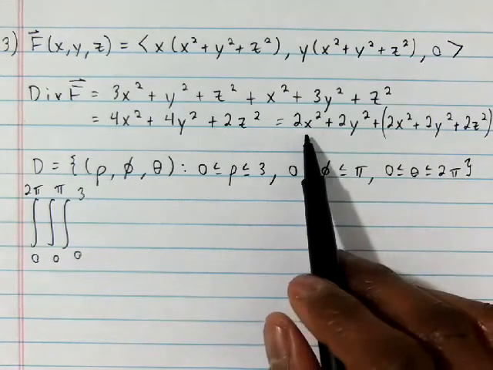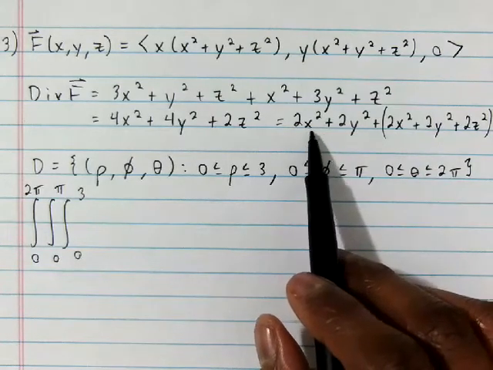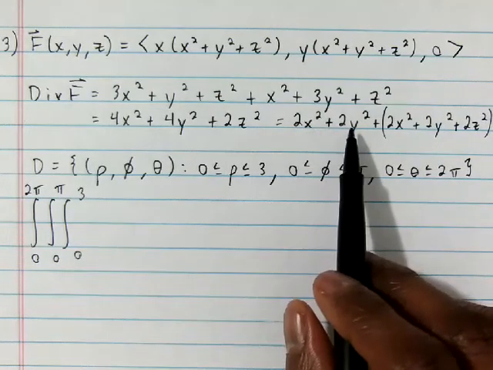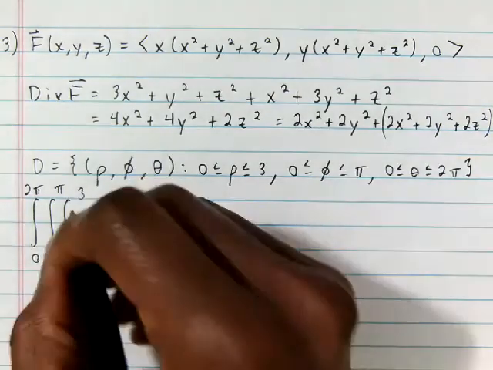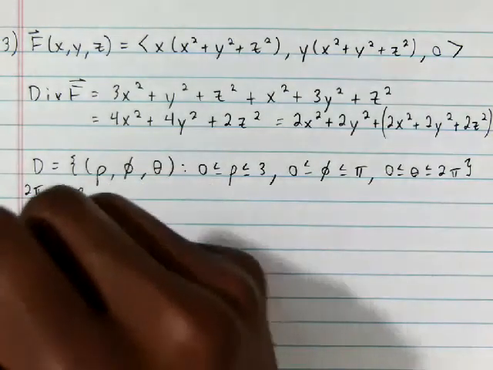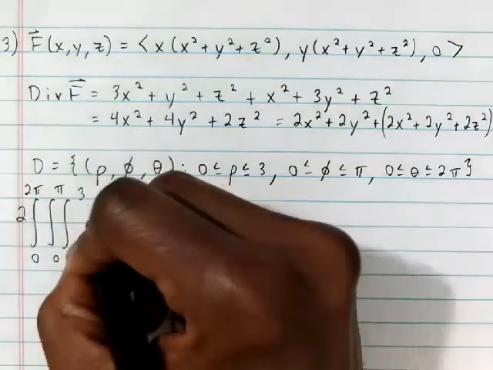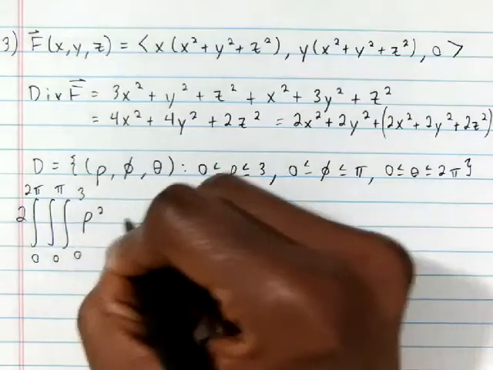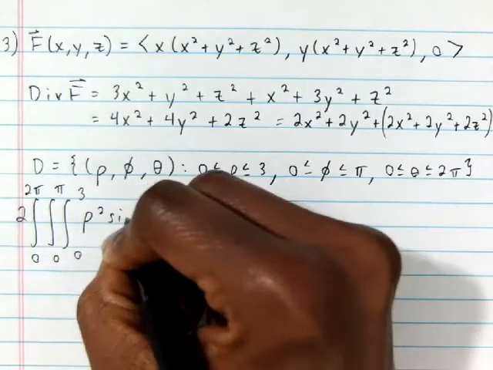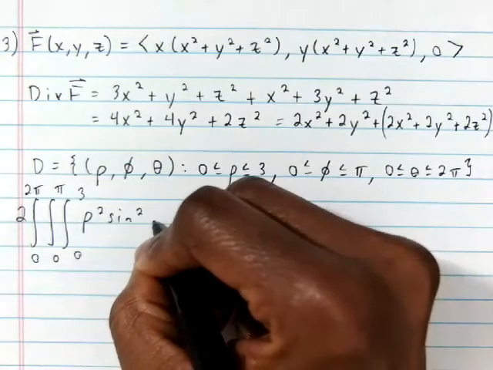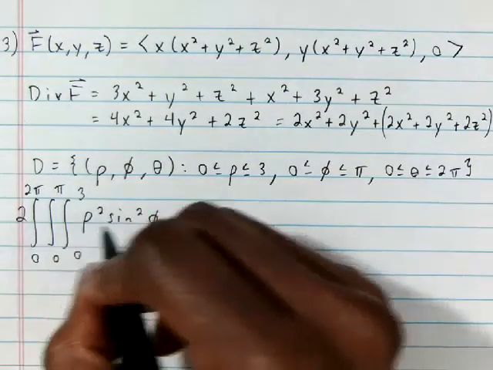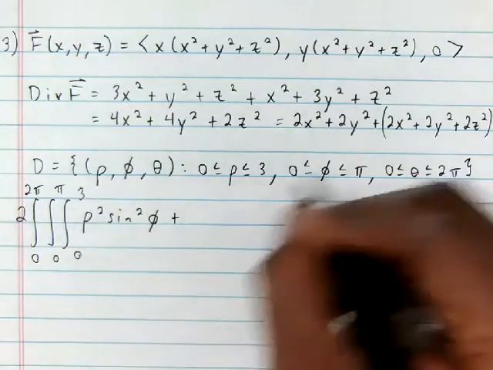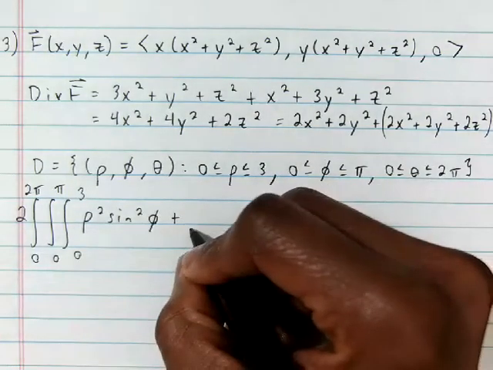Now you also have to keep in mind that x squared plus y squared in spherical coordinates is rho squared sine squared phi. So we're going to end up with 2 times, let's just take the 2 out here, rho squared sine squared phi for this, with the 2 pulled out, and then plus, I've already pulled the 2 out of here as well, that's just rho squared.